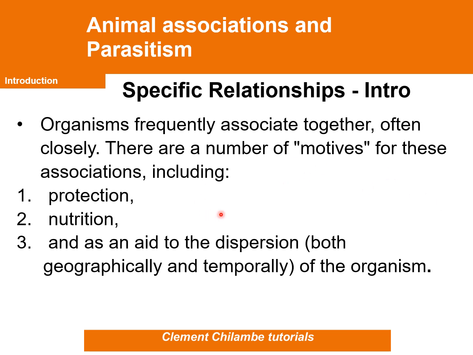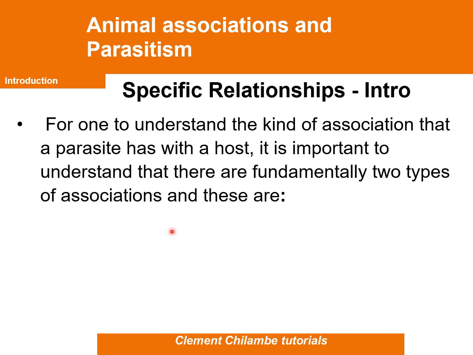Now we understand that for parasites to associate is because of the reasons we've discussed on this slide. To understand the kind of association that a parasite has with a host, it is first important to understand that there are two types of associations. So what are the two types of associations?